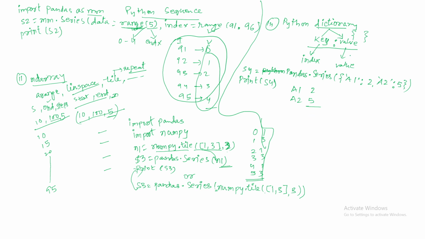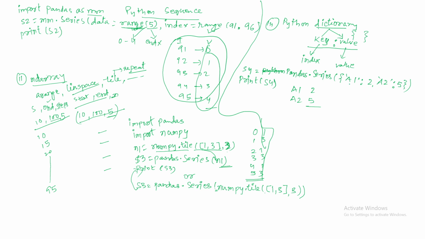Now tell me, whenever we use a dictionary, always remember that in the data frame also we will use it. Whenever only one dictionary is given, this is a 1D dictionary. Whenever a dictionary is inside a dictionary, that is a 2D dictionary. A list inside a list is also a 2D list.